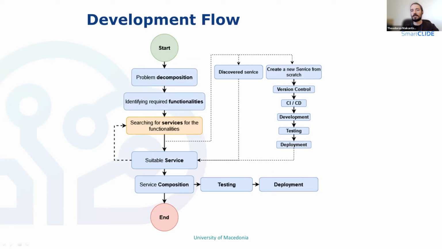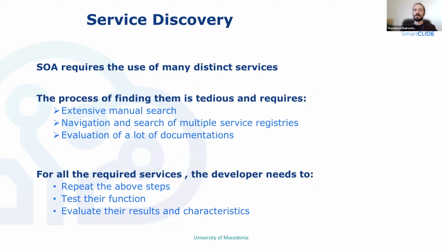As we're using the SOA approach, each functionality must be associated with a service that implements it. This can be achieved in two ways. Matching can be done with an existing service or with the creation of a new implementation. Let's start by mapping an existing service to one of our functionalities. This requires many steps.